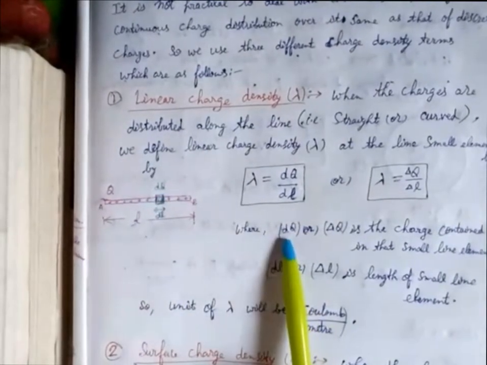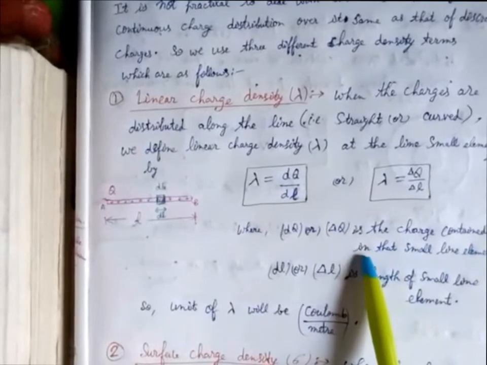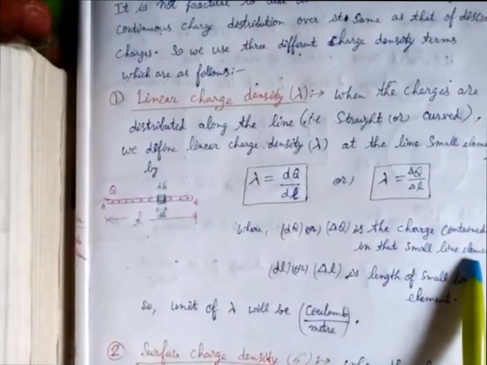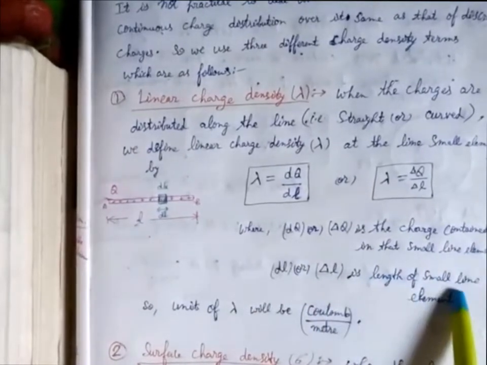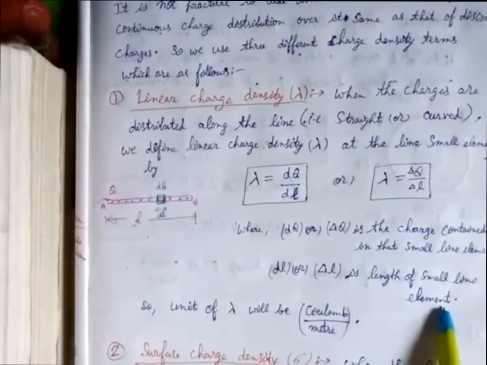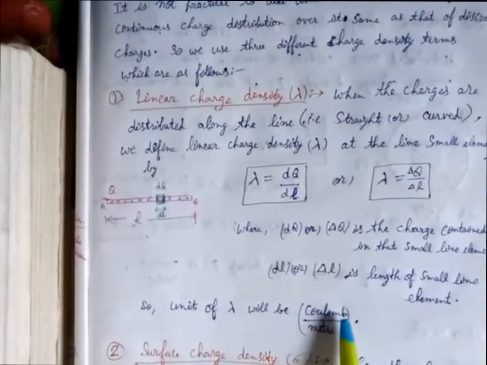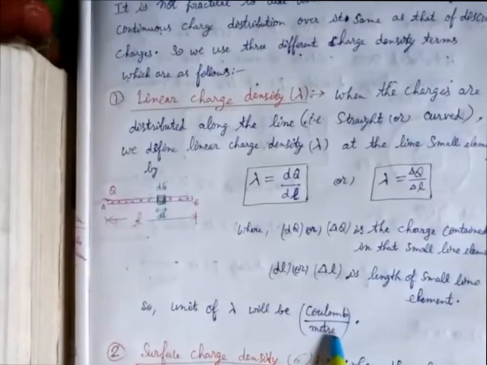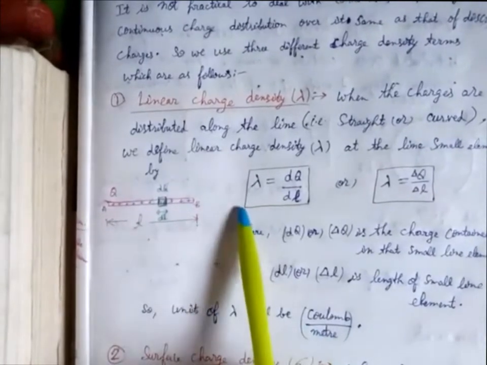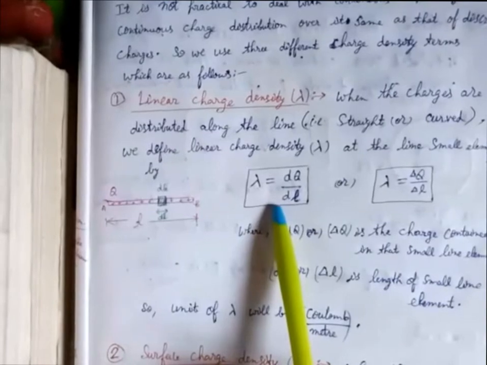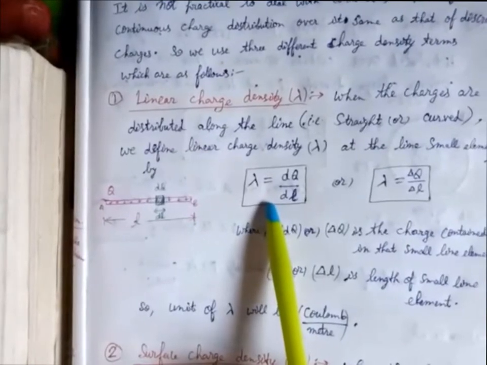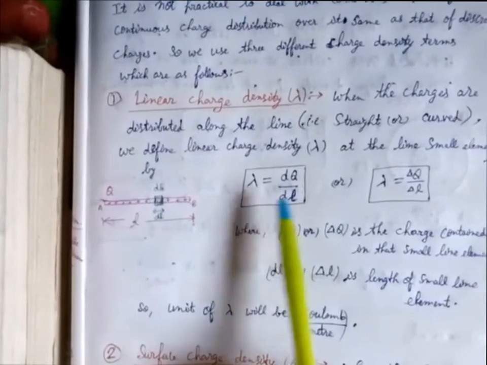So here dq is the charge contained in that small line element, and dl is the length of the small line element. The unit of linear charge density will be coulomb per meter. So this formula is important while dealing with continuous charge distribution numericals.